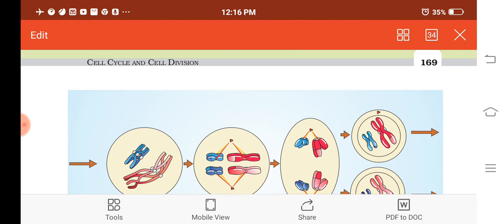Here only the separation of homologous chromosomes happens. As they are arranged in the equatorial plane as pairs, if 46 chromosomes are there, 23 will be pulled towards one pole and the other 23 will be pulled towards the other pole.